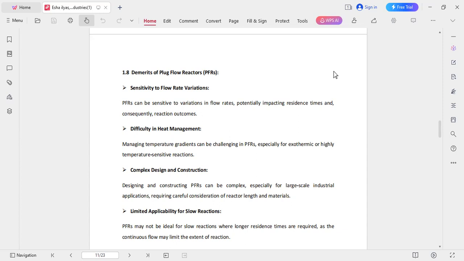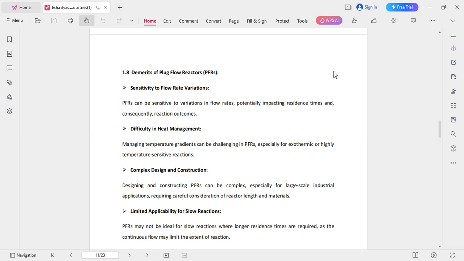Number three, complex design and construction. Designing and constructing plug flow reactors can be complex, especially for large-scale industrial applications requiring careful consideration of reactor length and materials. Number four, limited applicability for slow reactions.